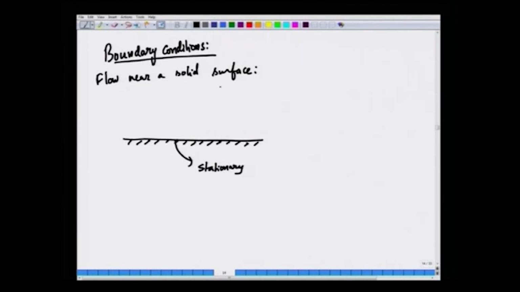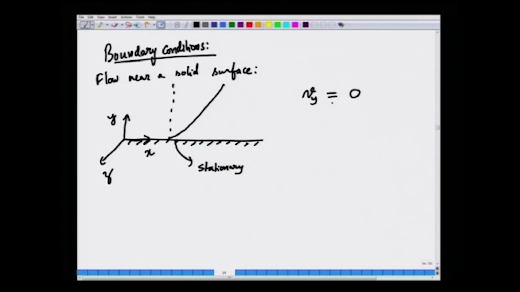If the boundary is stationary, let us assume the flow is in the xy plane, and the third direction is z. The first thing we can say, if the boundary is rigid, is that V y equal to 0, because you cannot have any fluid flow into a rigid boundary, because it is impermeable. So, this is the normal velocity condition.